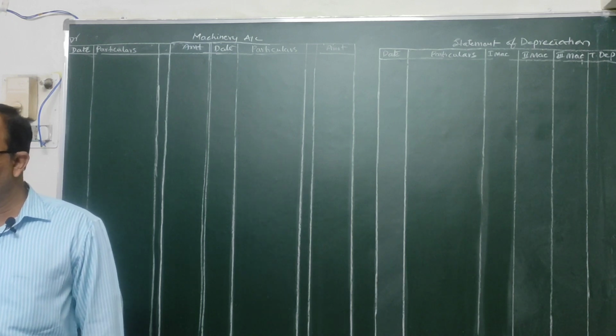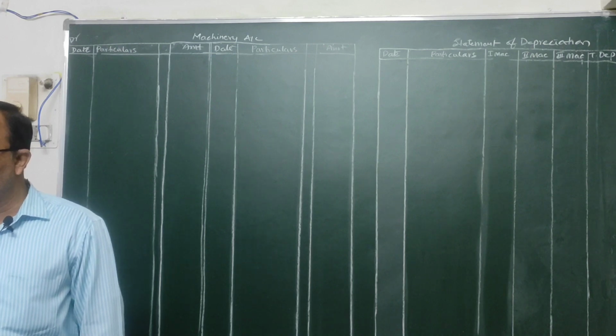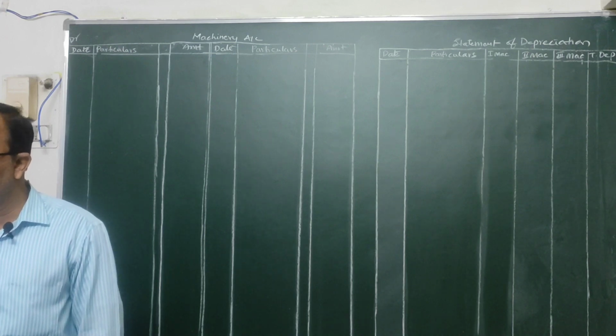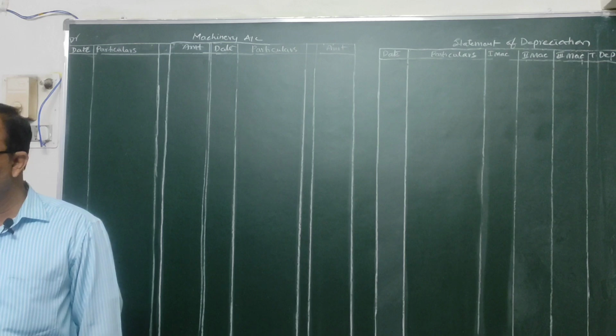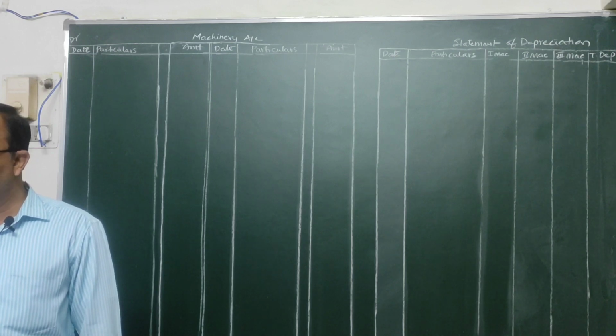So this is the second machine. On 1/1/2004, the machine purchased on 1/1/2002 was sold for 57,200. That means the first machine he has sold on 1/1/2004 for 57,200, and a new machine was purchased for 80,000, and installed on the same day by paying 20,000.